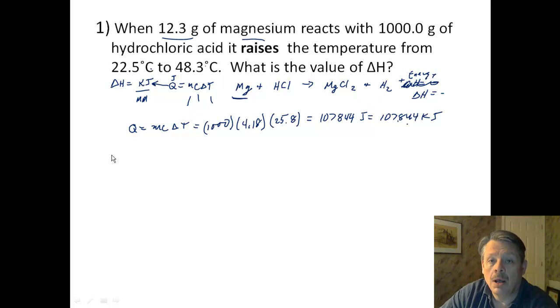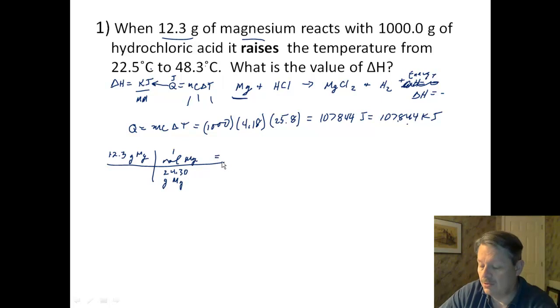So let's see, I have 12.3 grams of magnesium, and I have to convert from grams of magnesium to moles of magnesium. And for every mole of magnesium, 1 mole of magnesium weighs 24.30 grams. Right?